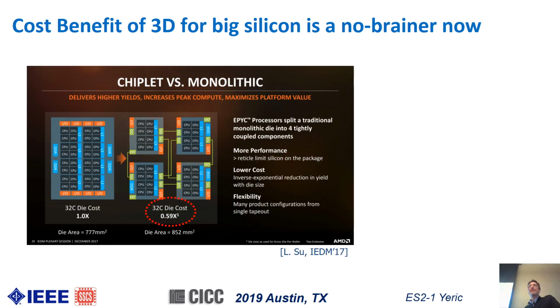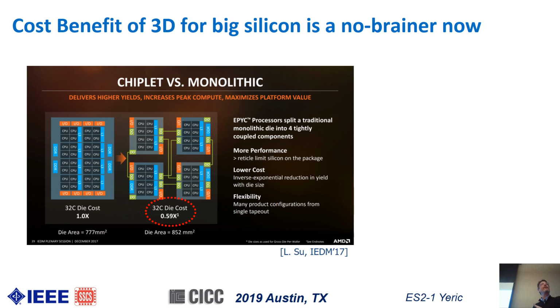But it's not just the performance angle. The bigger chips, I showed the 96 core, 100 and whatever core, the big chips, because you're trying to put so many cores on these chips, they get big, and because the yield is a function exponentially of the area of the chip, it actually makes economic sense to break a big chip into smaller pieces.